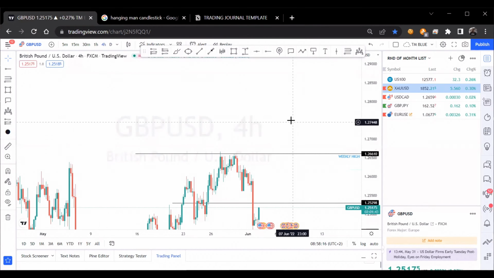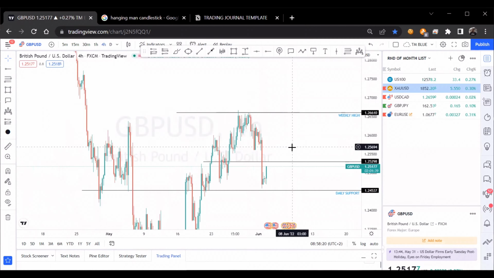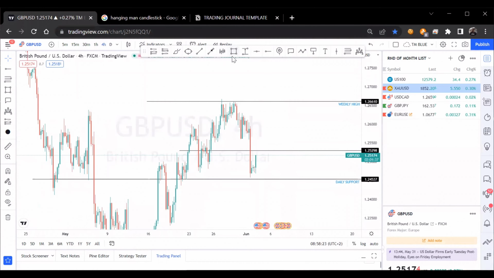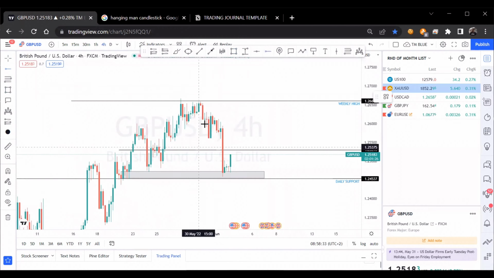So by the time we get onto a 4-hour time frame, we are now looking at market structure from this perspective. So let's take note of this firstly. And then the 4-hour high can also be the weekly high, so that's fine, weekly and daily high.